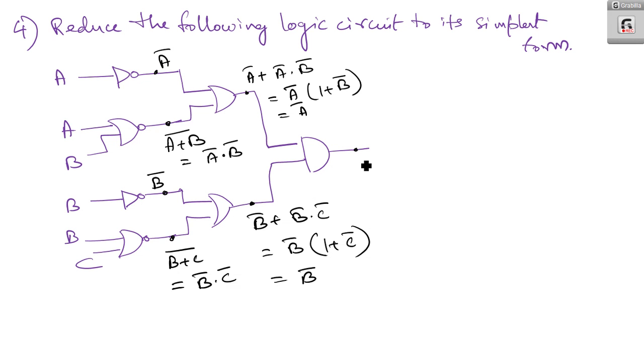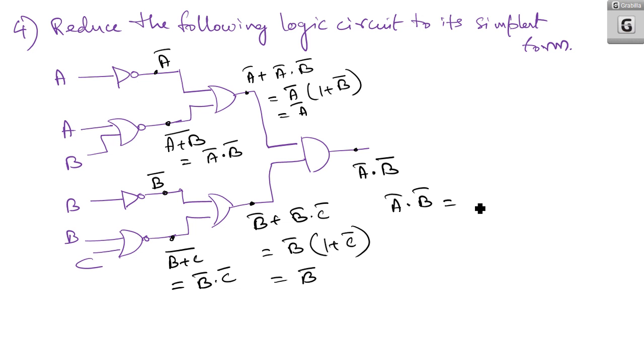So here what we get is A bar dot B bar. Right? The answer is A bar dot B bar. Now if we are simplifying it into a very simple logic, what is A bar dot B bar?